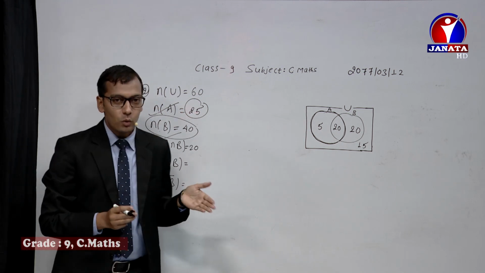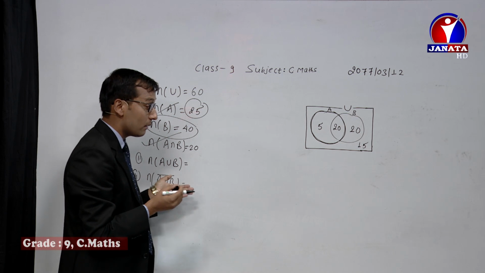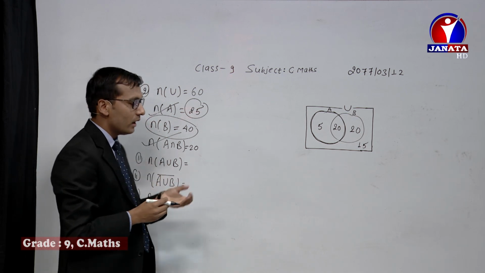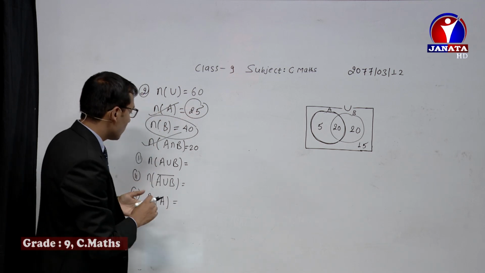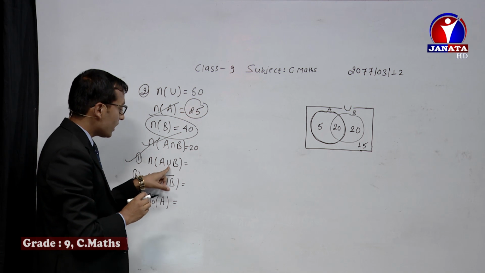So this is one way, the Venn diagram method. There is another process. We can use a direct formula to find all these cardinalities. What is n of A union B?